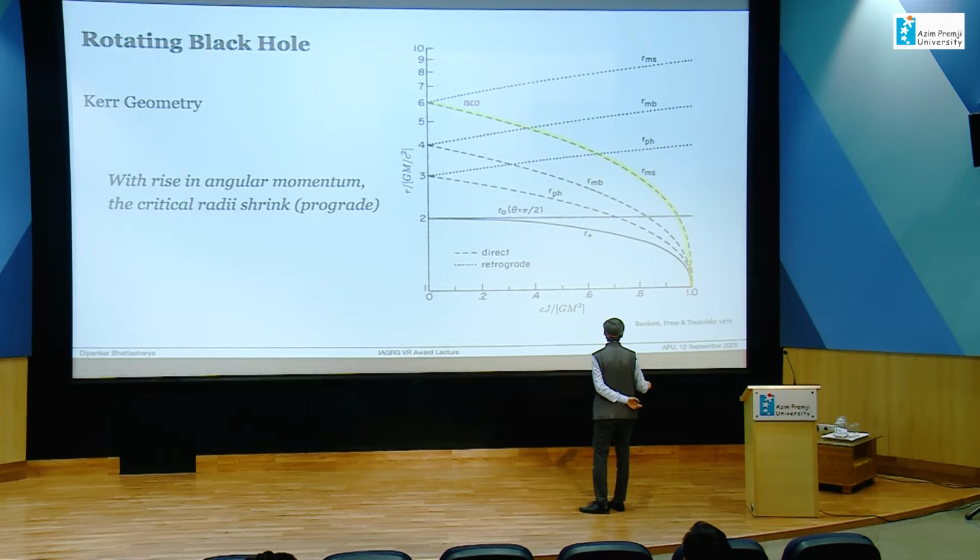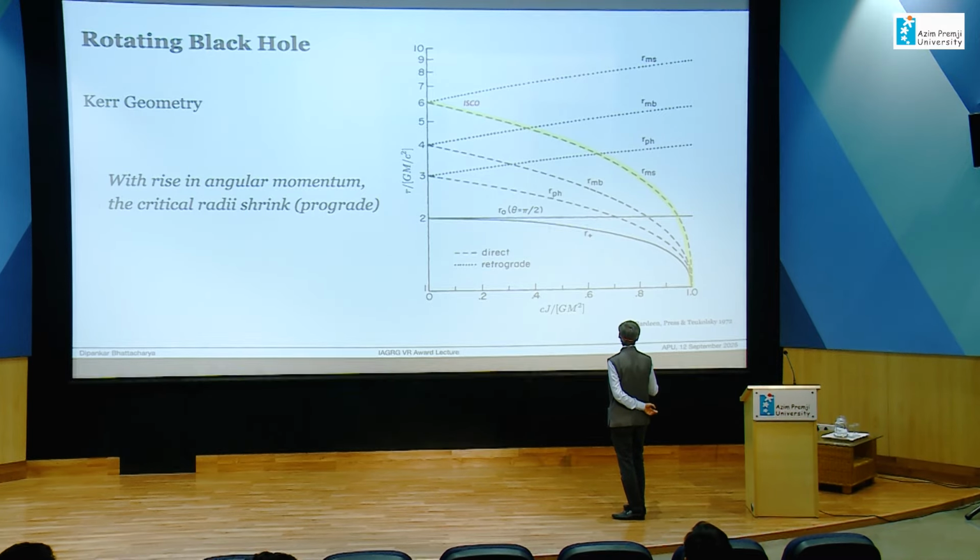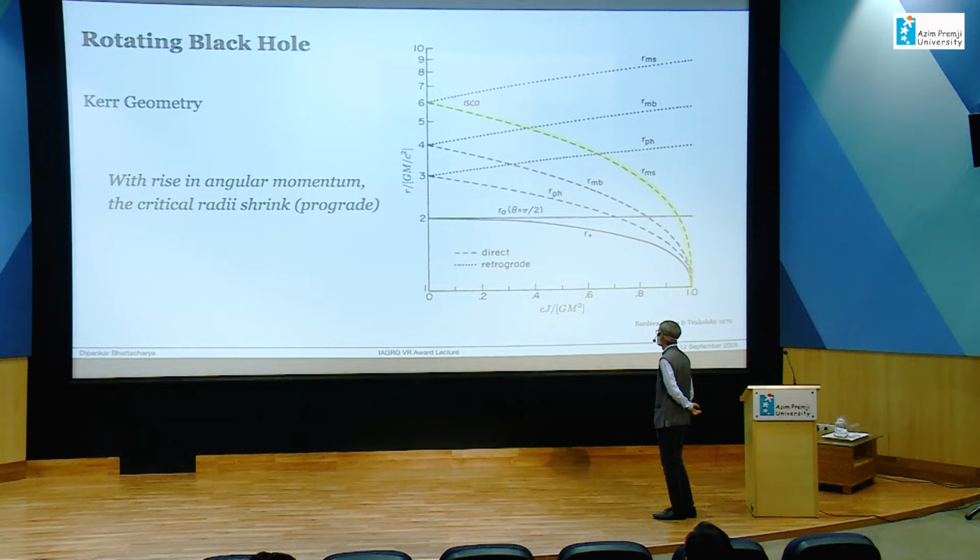As the angular momentum increases, this radius is going to come closer and closer to the center. And so is true for all of these. This is the marginally bound orbit, this is the photon trapping orbit, and this is the horizon itself. This is the polar coordinate of the horizon.